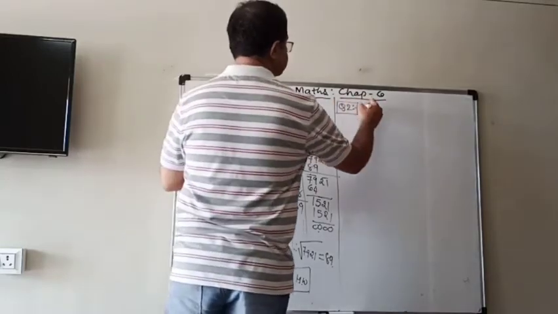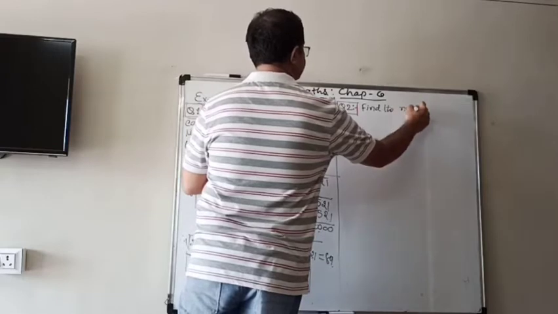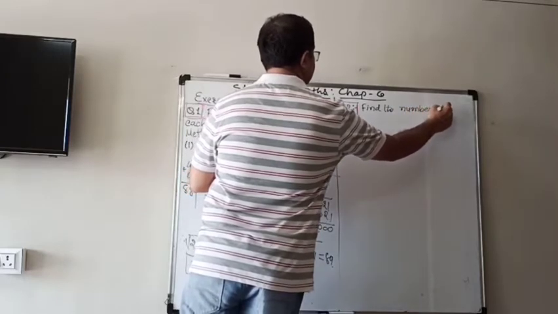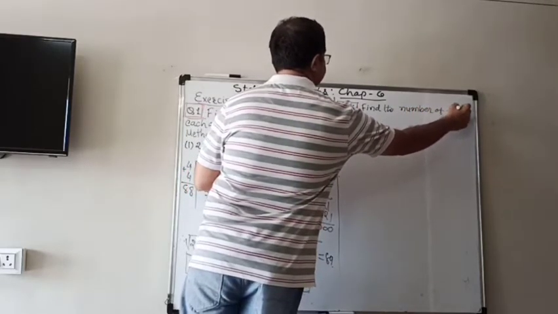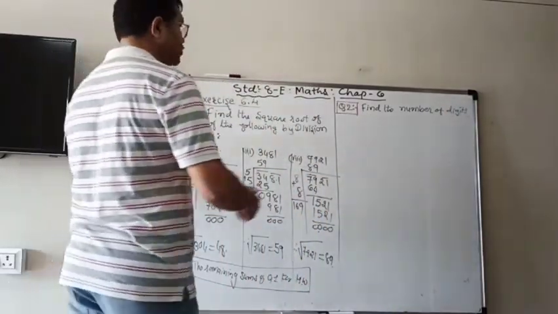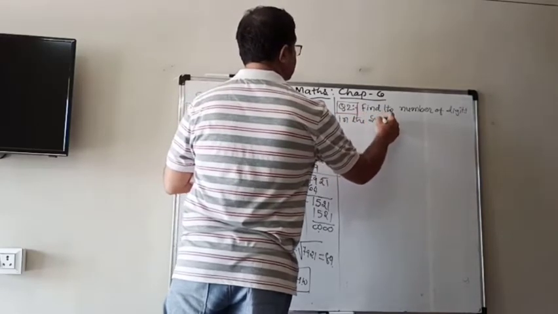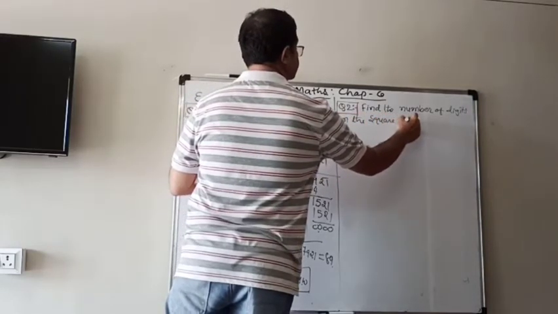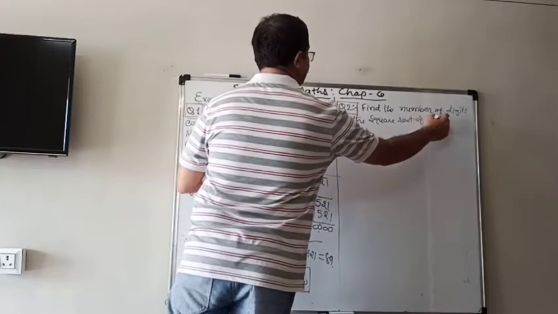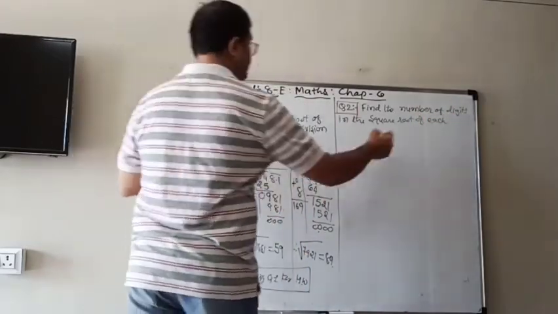Find the number of digits in the square root of each of the following numbers.